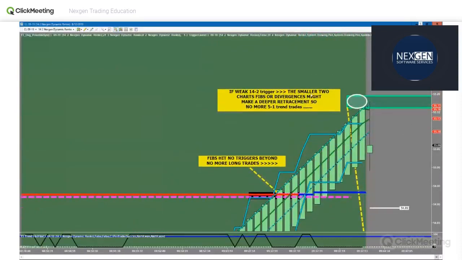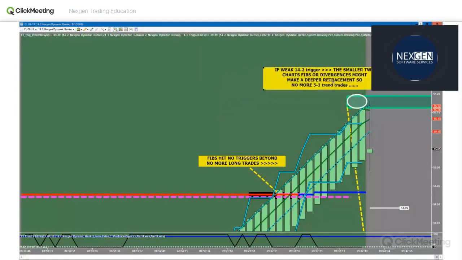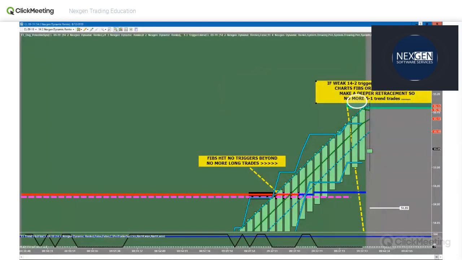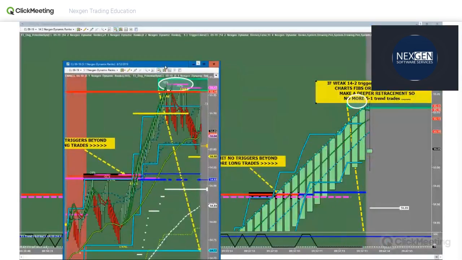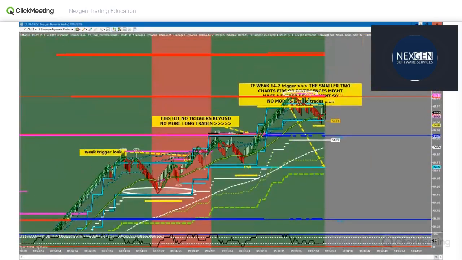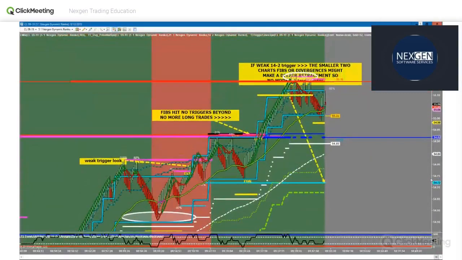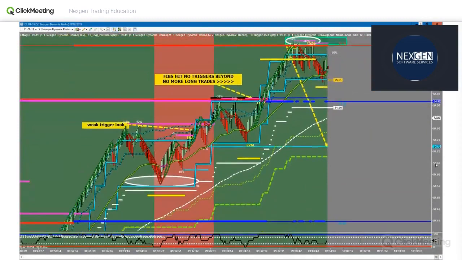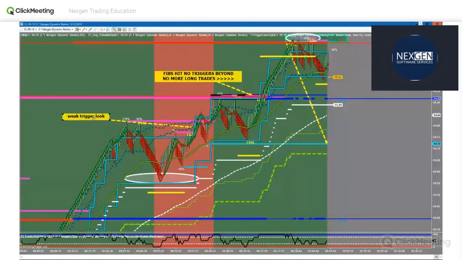And then now we have to still determine where we're at. So look, we're still in a weaker trigger line configuration. So this is where, look, I'll bring it back to show you. Melby, tell me if this is helpful for you. So look, this was our first weaker look, but we didn't really have any fibs to worry about.